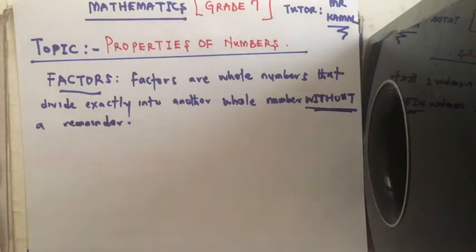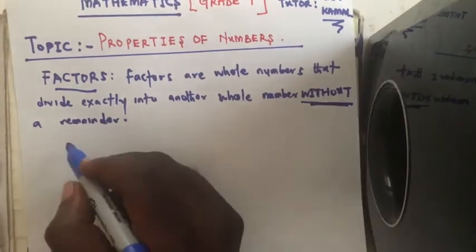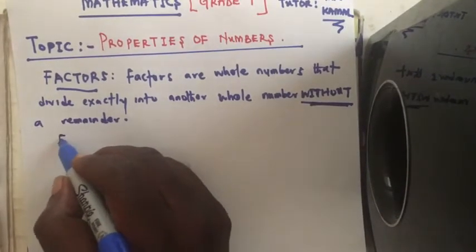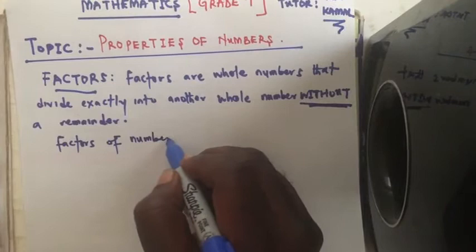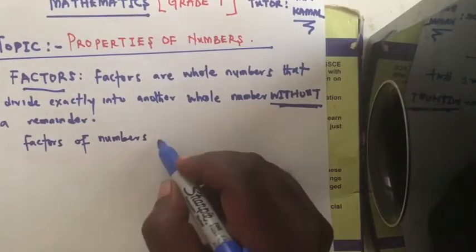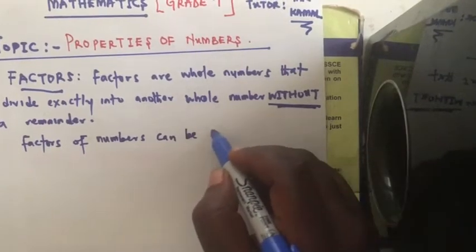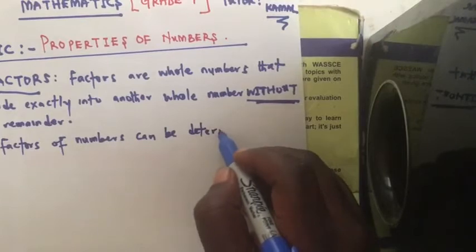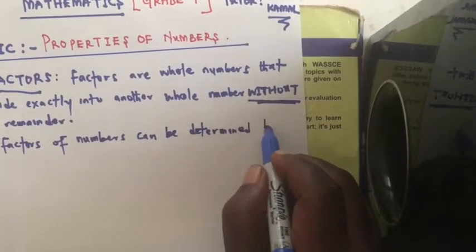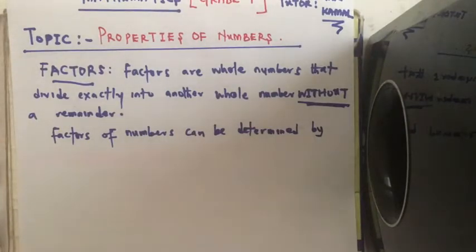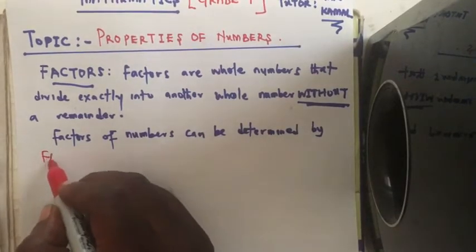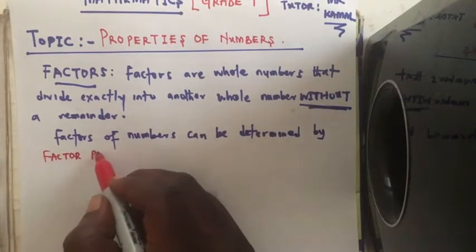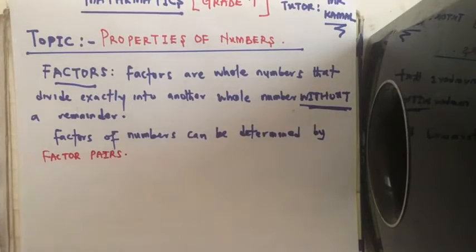Now, how can we determine factors? Factors of numbers can be determined by factor pairs.